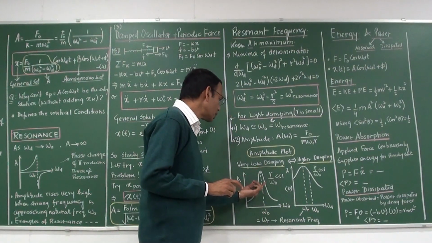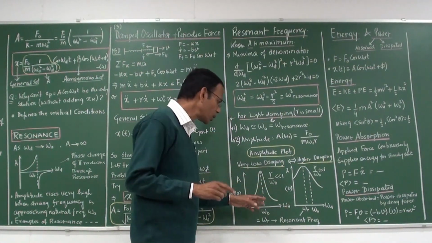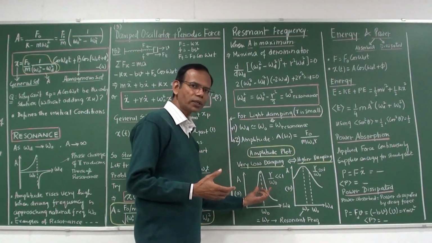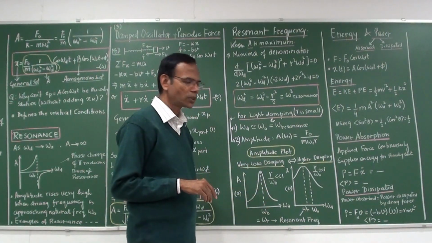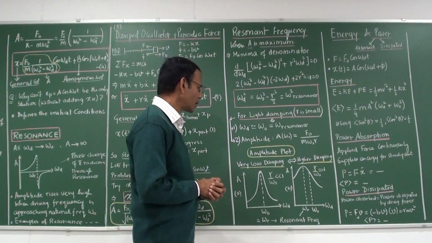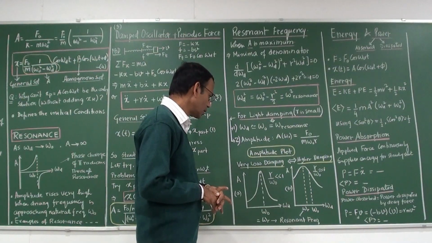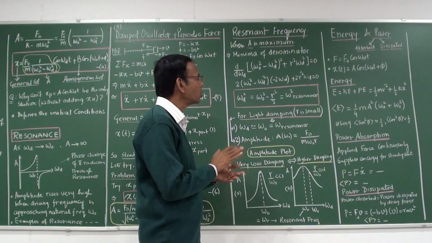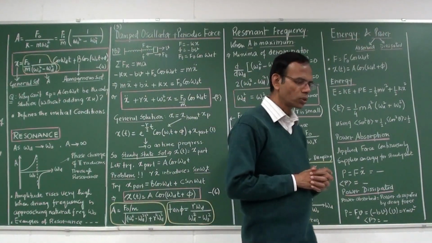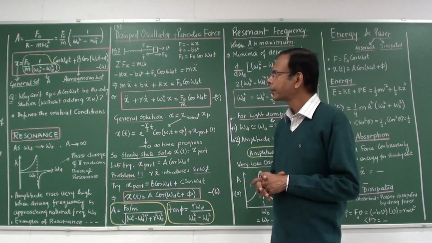So omega 0, that is your resonant frequency, divided by gamma, the frequency width at half maximum, will give you the Q. You can just go to the book and study about the value of Q. So this is all we have to read about our forced harmonic oscillator.